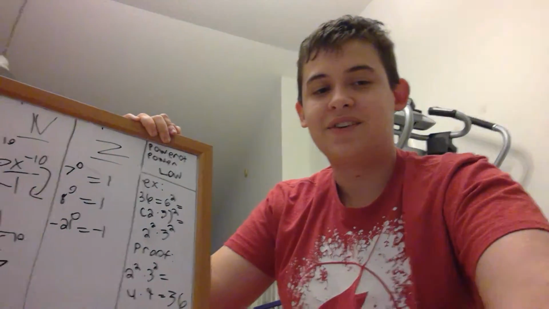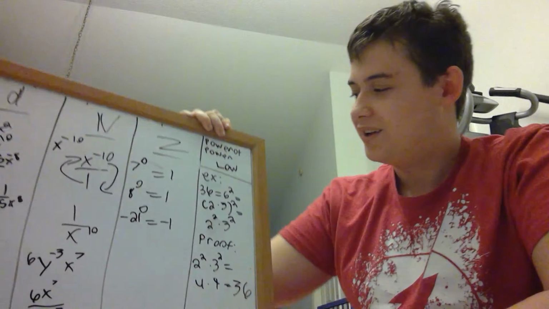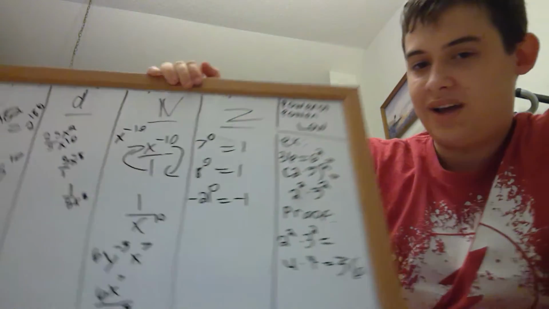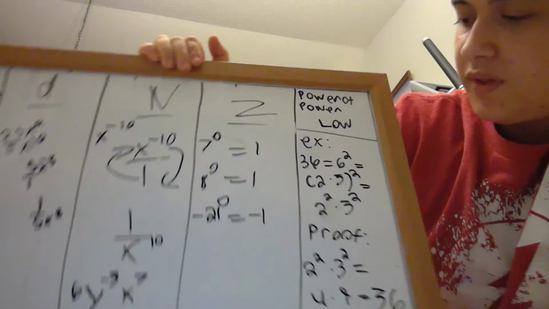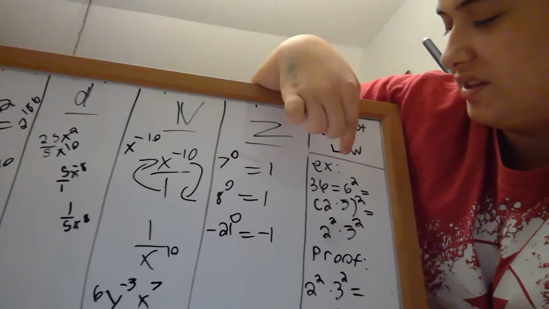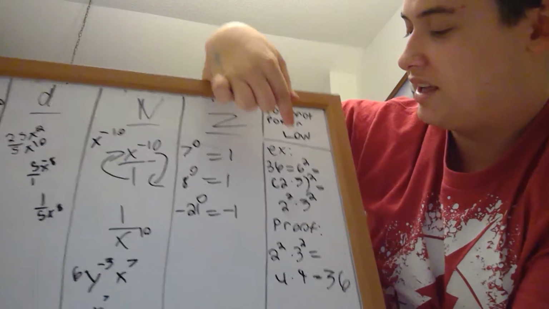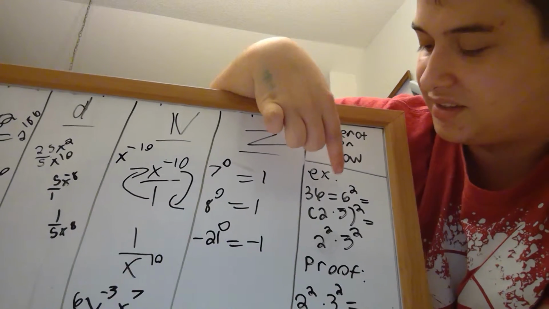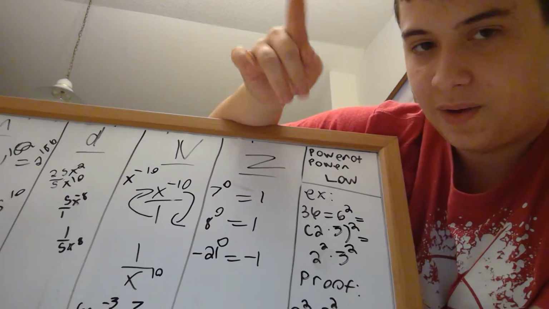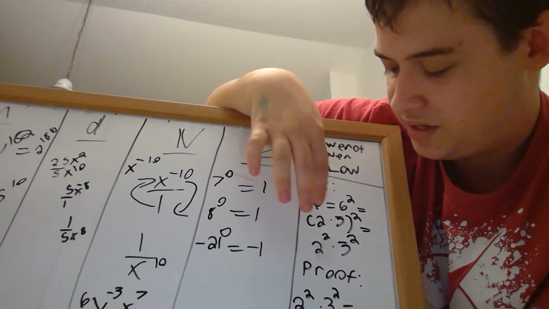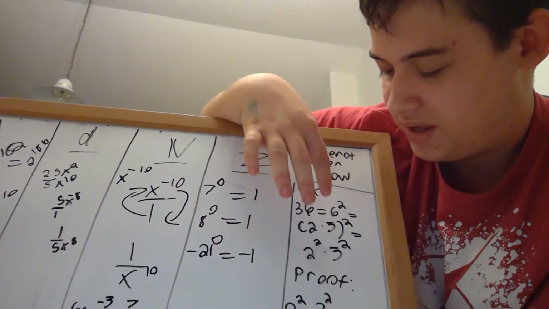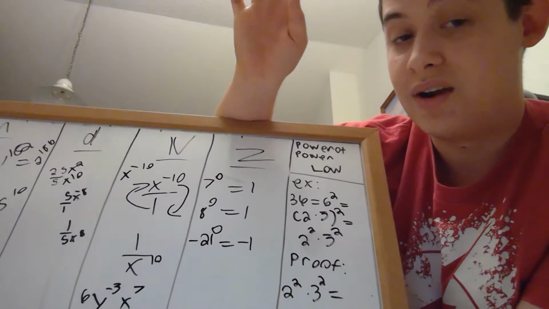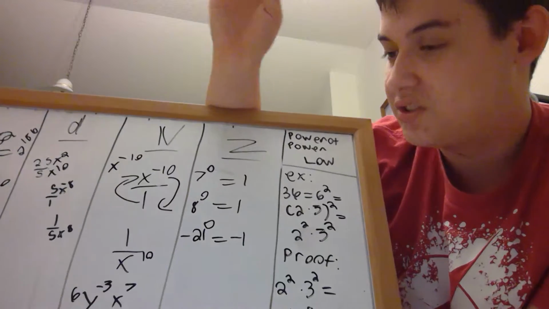Now, after we've got all that creepy stuff out, we've got our 36. We've established that it can also be interpreted as 6 to the power of 2. Now, that can also be interpreted as 2 times 3, all squared.